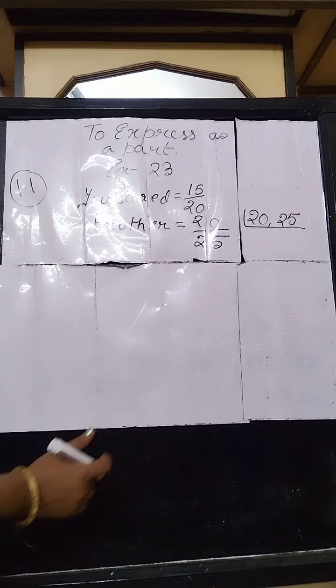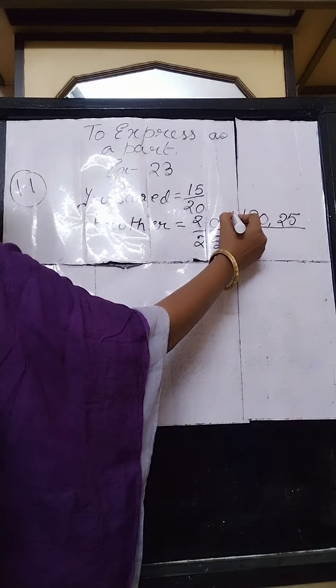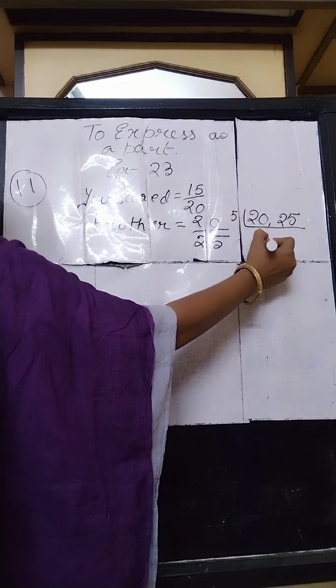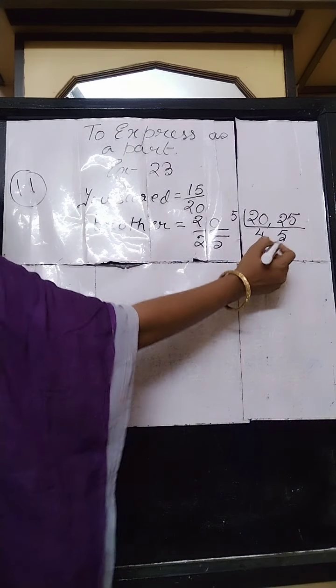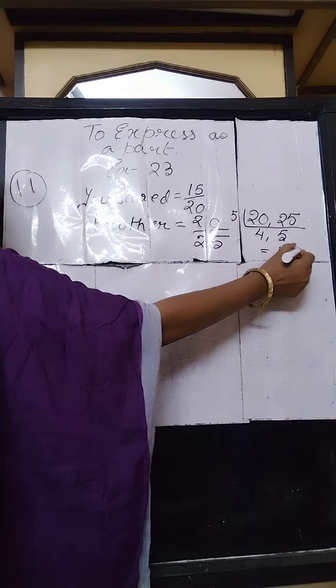So 5 4s are 20 and 5 5s are 25. So ultimately you are getting 5 into 5, 25 into 4, that is 100. 100 is the LCM that you are getting.